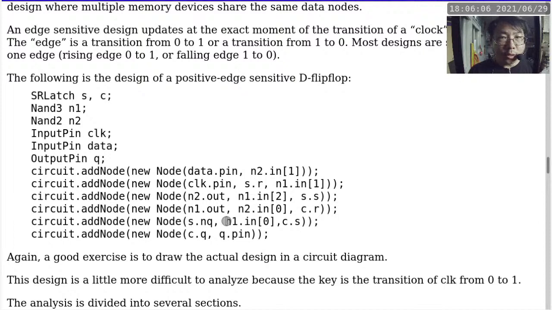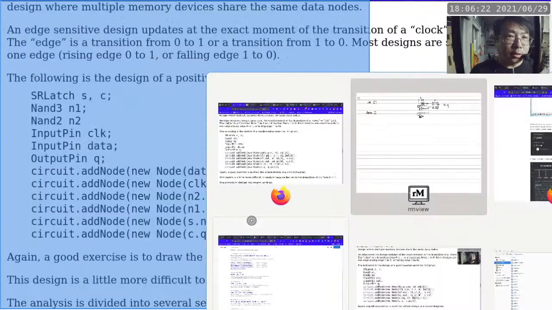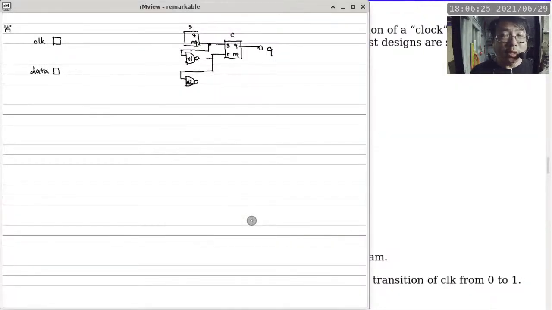And then it also connects to the first input pin of N1. So we tap it here. Yes, I know I'm just talking to myself, because you cannot see what I'm drawing. I can show you. It's intermediate. It's not quite done yet. So that's what I have been drawing up to this point.